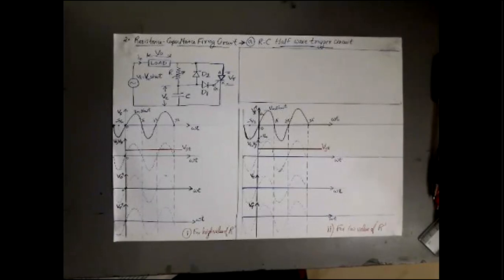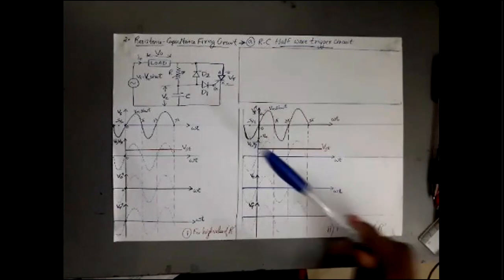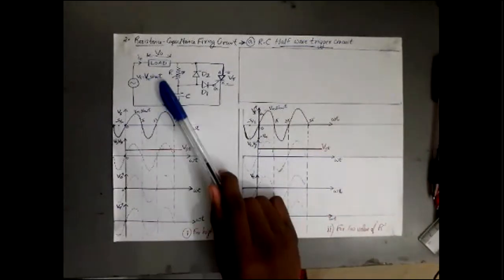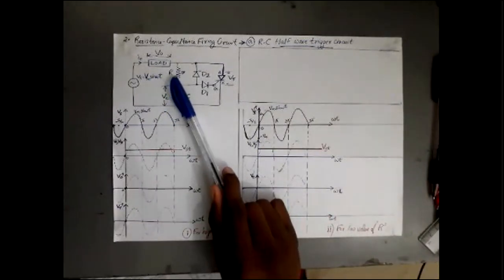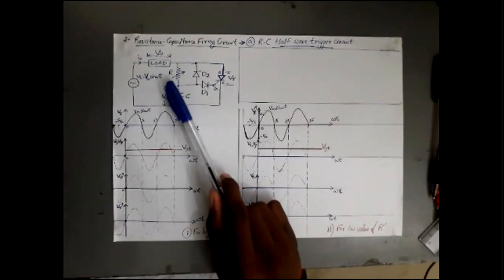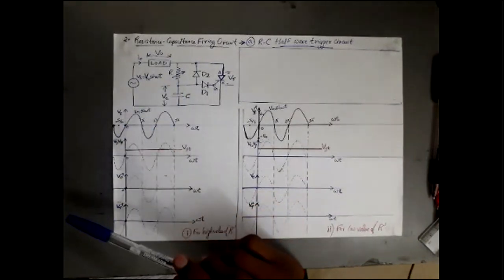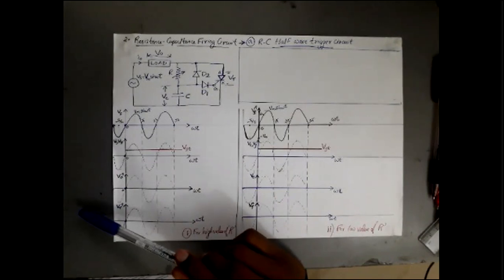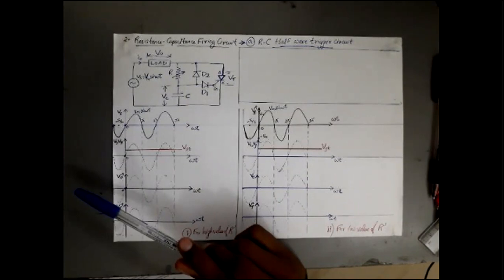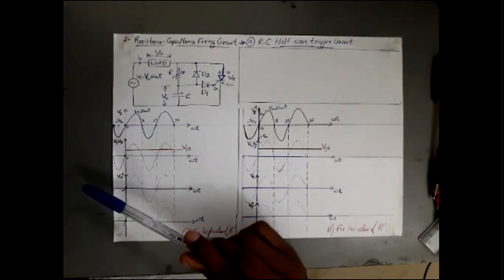And this is the circuit for the RC half wave trigger circuit. In the resistance triggering circuit, we have seen that a resistor is connected across the gate to cathode terminal, and the voltage drop across the resistor appears across the gate to cathode terminal as gate voltage.